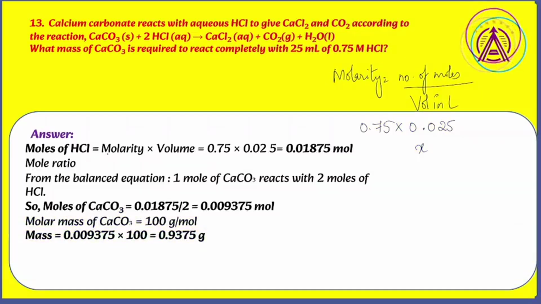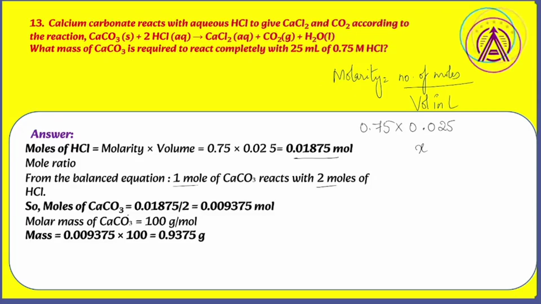The moles of HCl is nothing but molarity into volume as discussed, which is 0.75 given in the question, into 0.025 since we have converted 25 ml into liters, which gives me 0.01875 moles. We know the mole ratio that 1 mole of calcium carbonate will react with 2 moles of HCl from the equation given to us.